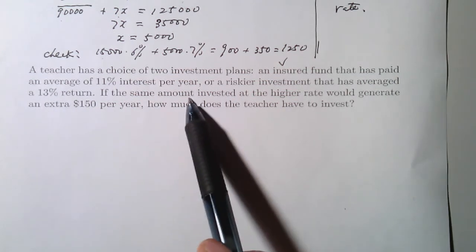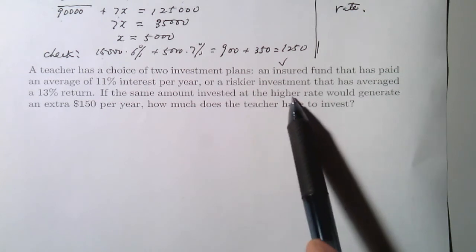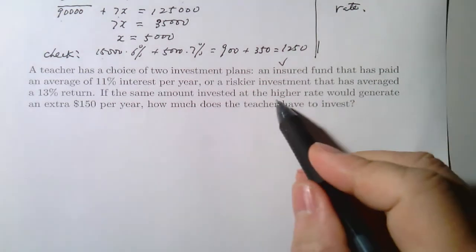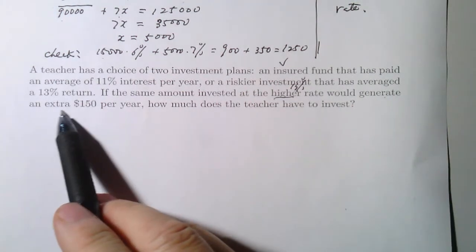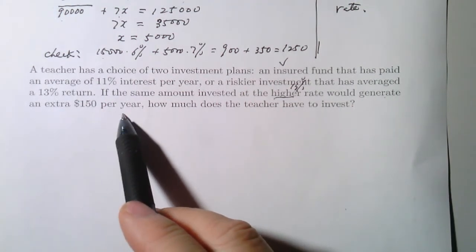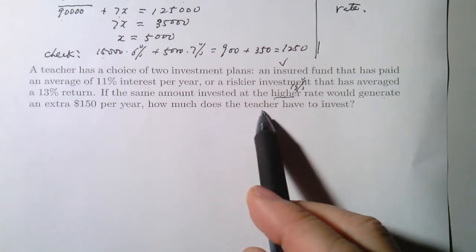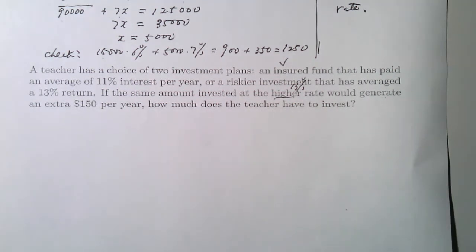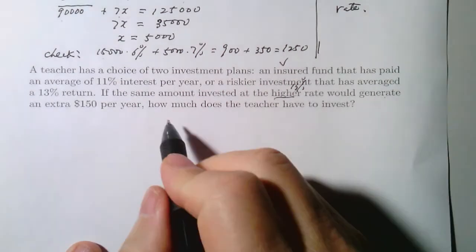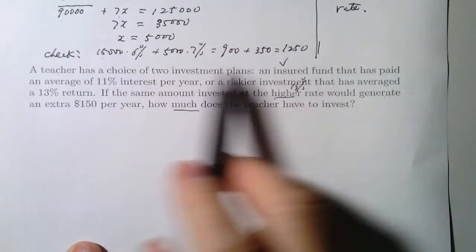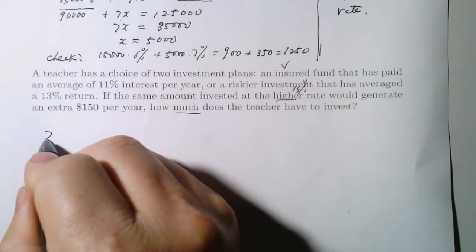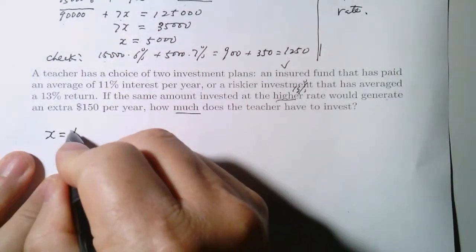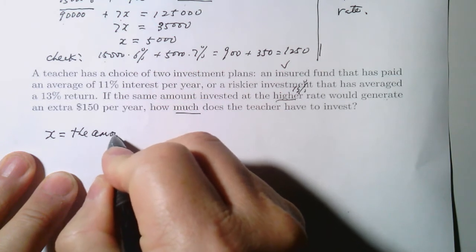If the same amount invested at the higher rate, which means the 13% rate, would generate an extra $150 per year, how much does the teacher have to invest? We don't know, it does not say any dollars invested, so we just say x is the amount invested.